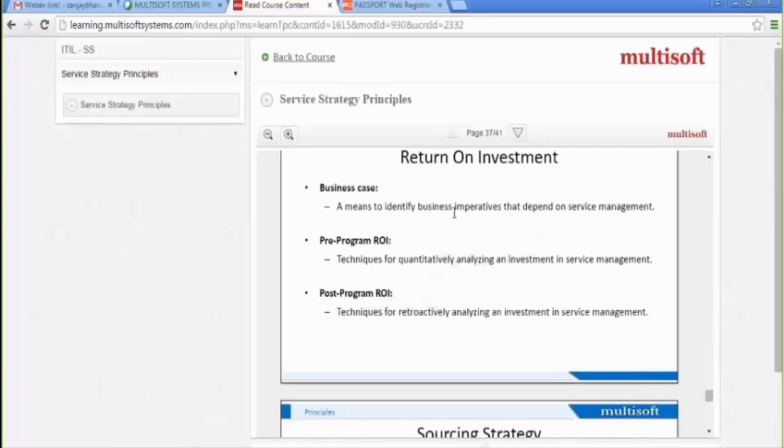What is the reason? Then, what are the expected benefits? What will be the risk? What time will I take to create this? How much cost do I need for this? So everything we are putting in a business case.